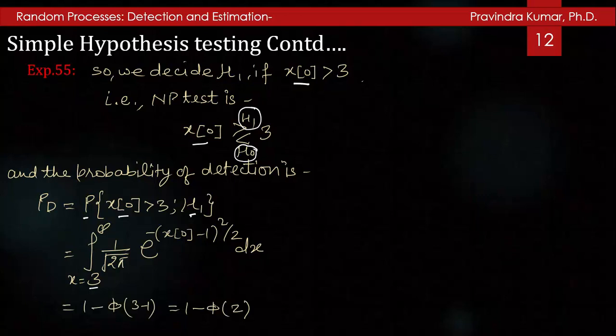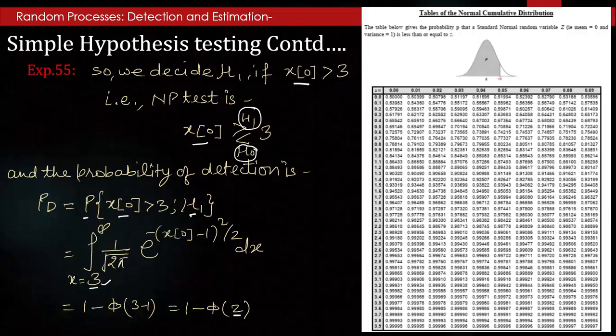This is equal to 1 minus phi of (3 minus 1), which is 1 minus phi of 2, and from the table you can see phi of 2 has the value 0.97725.